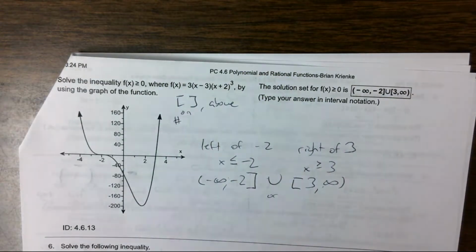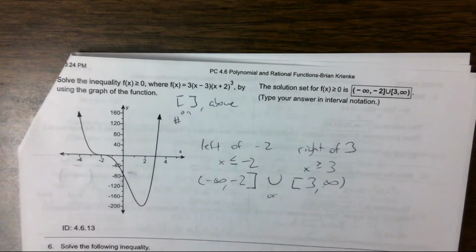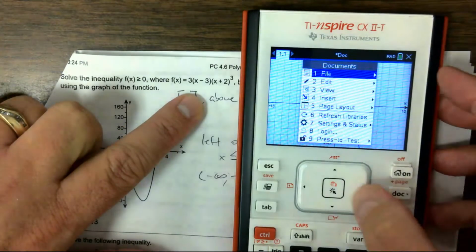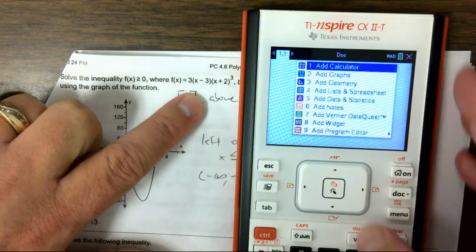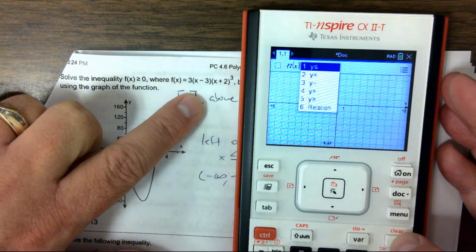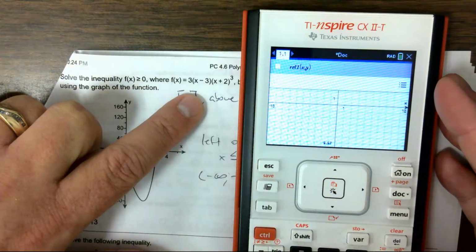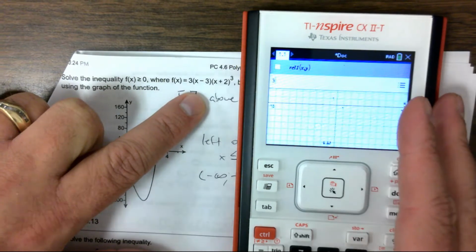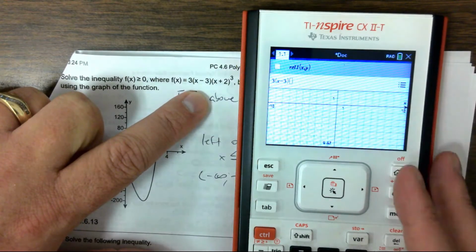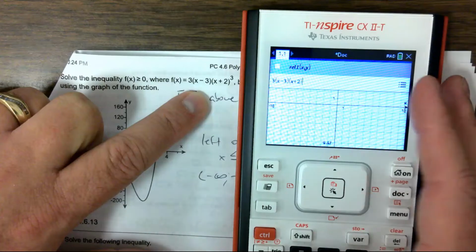Now again, I don't recommend using relation, but if you did, it would look like this, which I think is not that useful. Let's try it. Press delete, go to 8 or 6 for relation, 3 parentheses x minus 3, and then x plus 2 cubed.